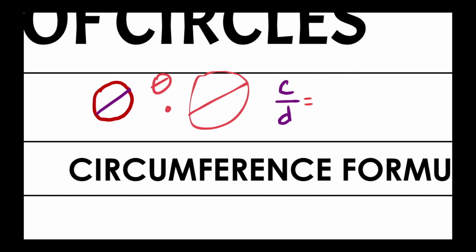Does anyone know what number that is? Come on, take a guess. We're talking about circles here. Anyone take a stab at it? What number did they keep coming across when they divided circumference by diameter? What did they always get? Does anyone have a clue? Come on. Hello? Is this thing on? Am I on mute?